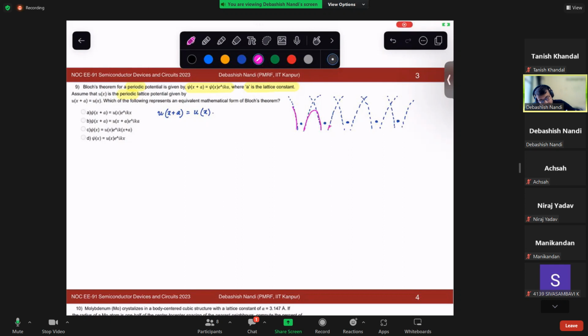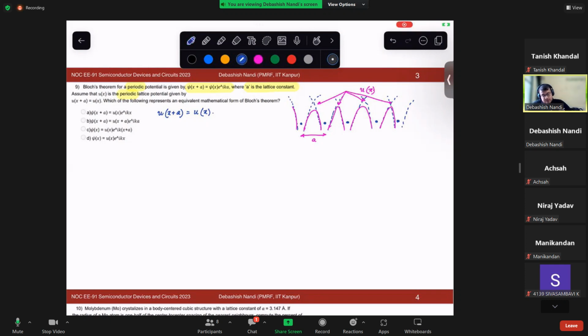It will look like this. You see, this is the periodic nature of the potential. This is what we are talking about as U of x. And what is the period? This distance, a. After every a distance, it gets repeated. That is the potential we are talking about.